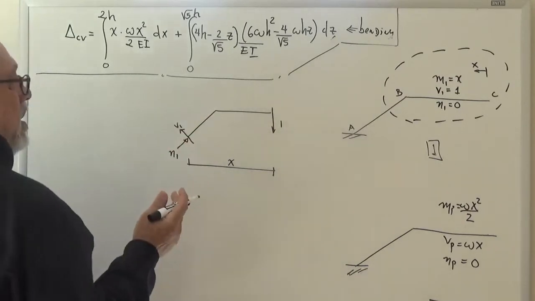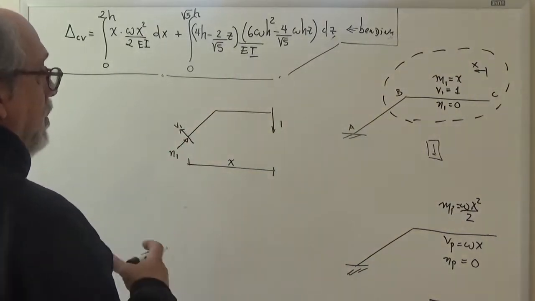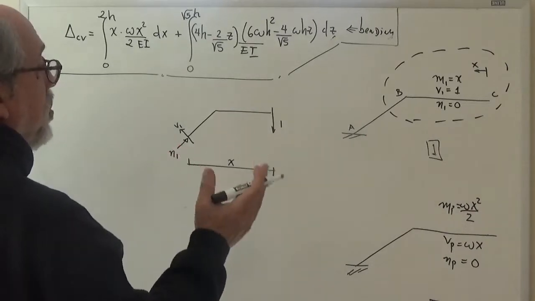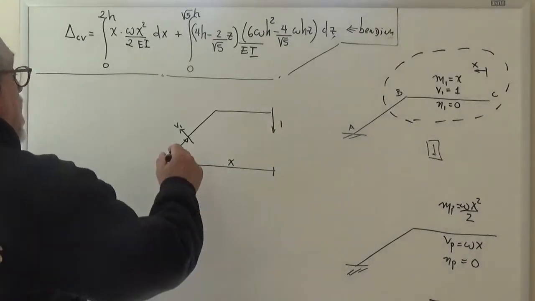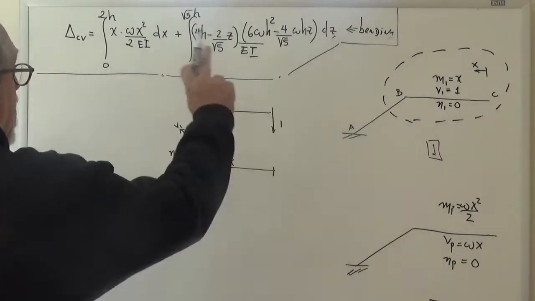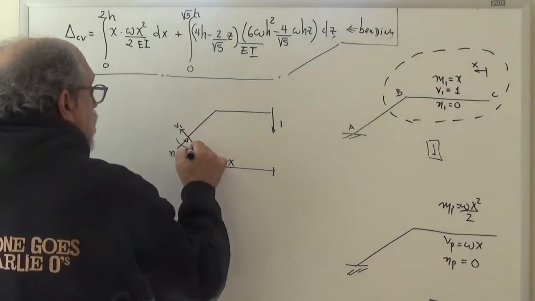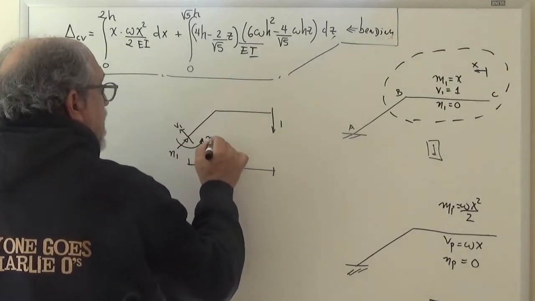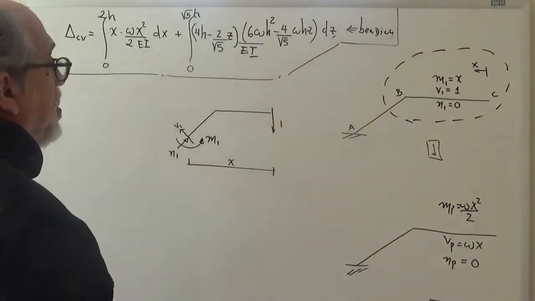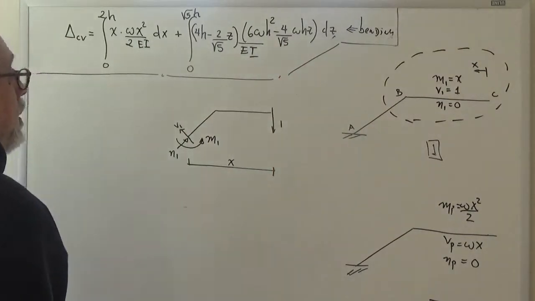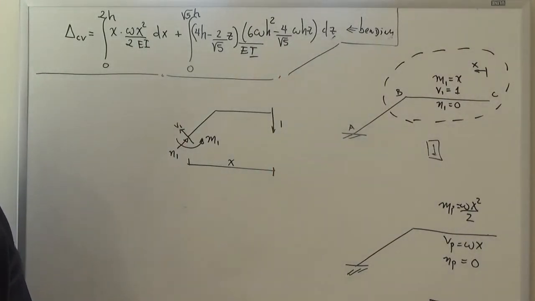Well, actually, now I'm thinking, why do I have to worry about that? I'm doing this problem fresh. But anyway, just to keep the same notation as before, M1 would be like that, V1 would be like that. And the moment M1 here would be like this. I don't really need to respect the previous because I'm just starting fresh. This is just the way I'm going to do the problem now. So that's my M1, N1, V1.